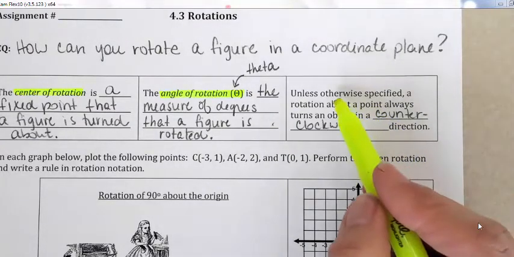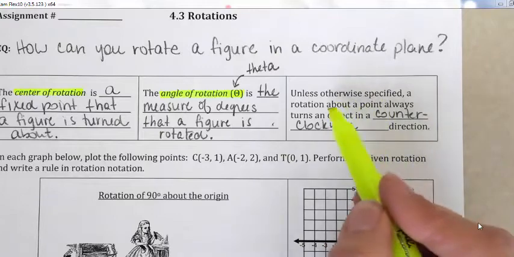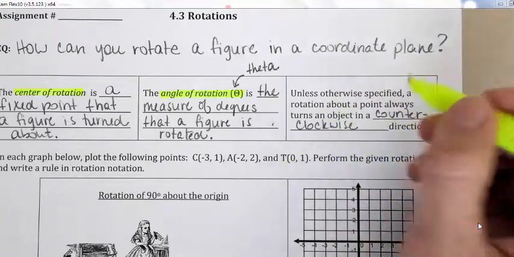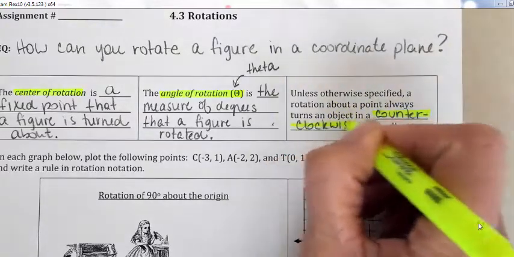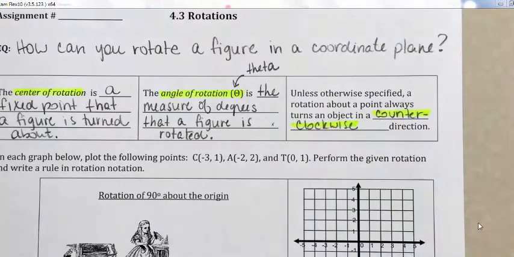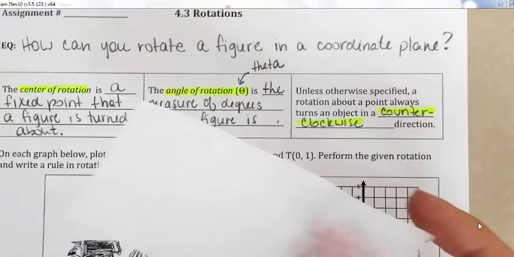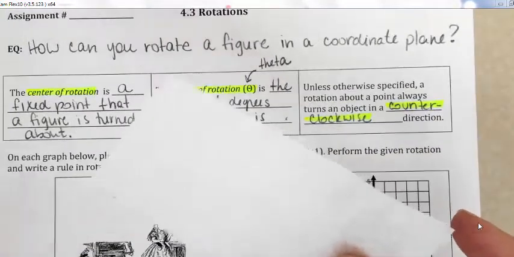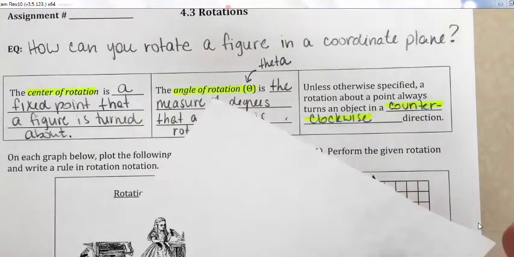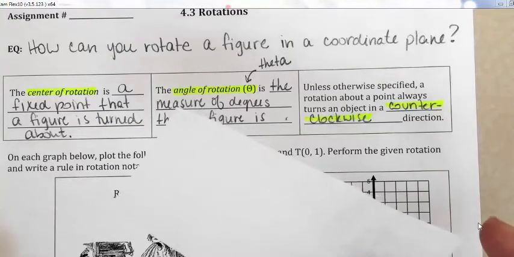Okay, and then this is important. Unless otherwise specified, a rotation about a point always turns an object counterclockwise. That's very important. Okay. So we're going to explore these rotations using our tracing paper. We'll come up with some rules, and then I expect you to know the rules. You won't get to use tracing paper on your tests.